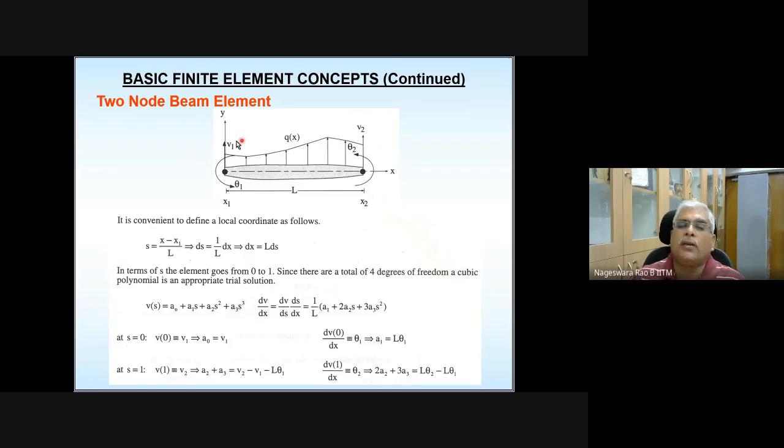Similarly here, V1, V2 are positive in the upward direction. That is the sign convention we are following. And θ1, θ2 are going to be positive in the counterclockwise direction. Please take note of this beam element. I hope you are following. If you have any questions, please let me know.